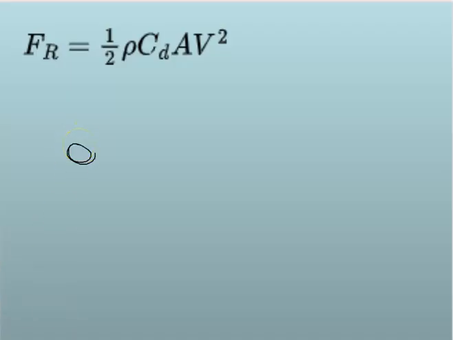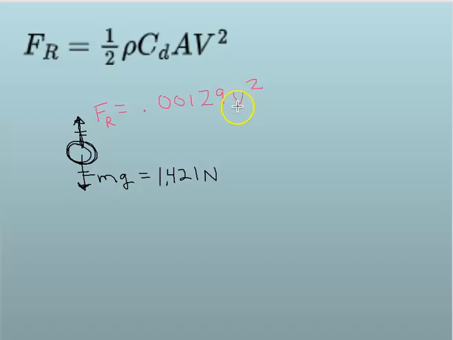So it looks really complicated, but what does terminal velocity mean? Terminal velocity means I have the weight, and that air resistance vector has increased as the speed increased until they're equal. Okay, so I know how to calculate mg. The weight of the baseball is 1.421 newtons. The air resistance is 0.00129 v squared.